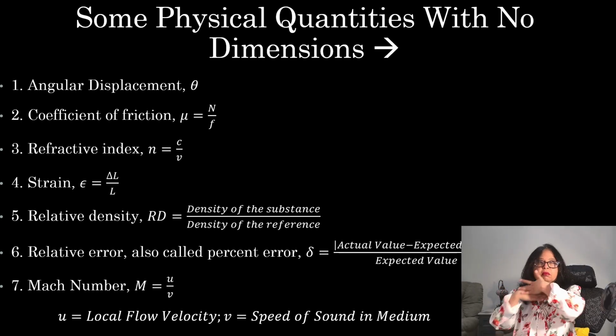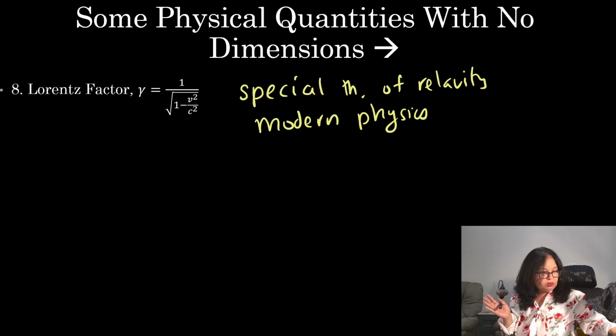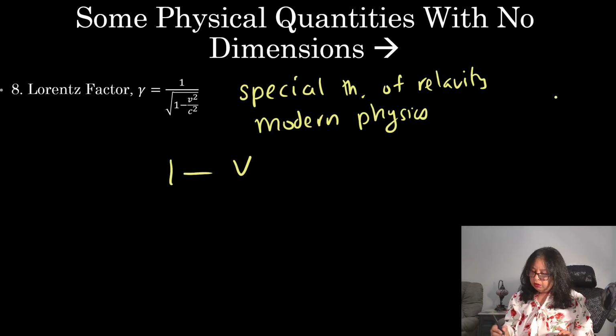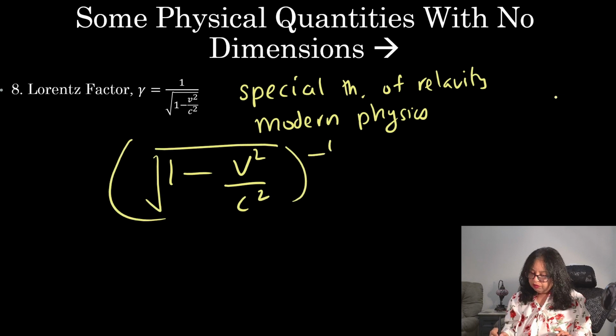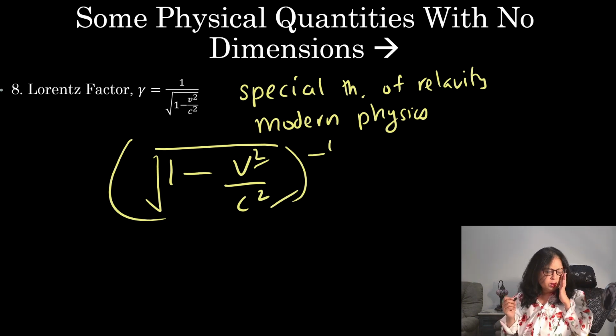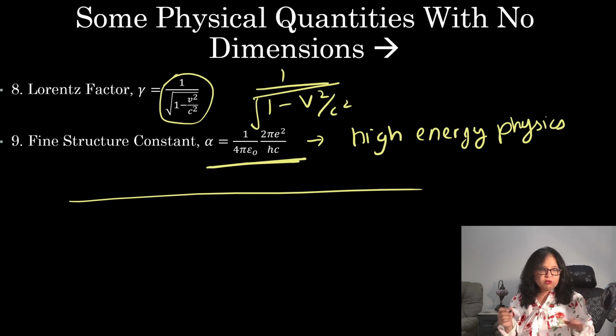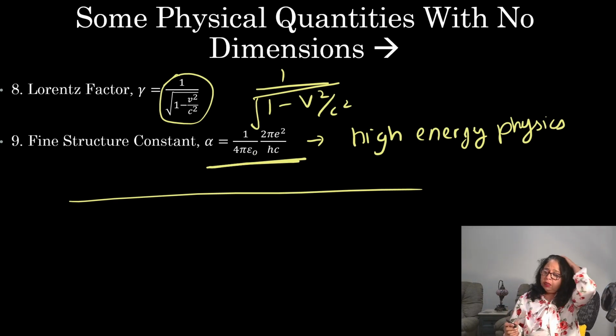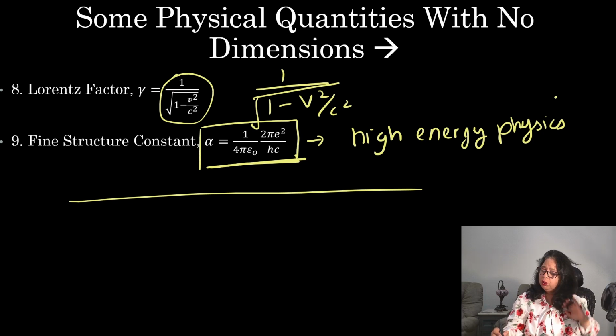Dimensions are going to cancel each other out. Same thing over here. 1 minus v squared over c squared. V squared meters per second squared, c squared meters per second squared. Units canceled out. The only one that's going to be a little bit of work to show will be this one. And maybe I'll make a short video for this and post it for you guys.